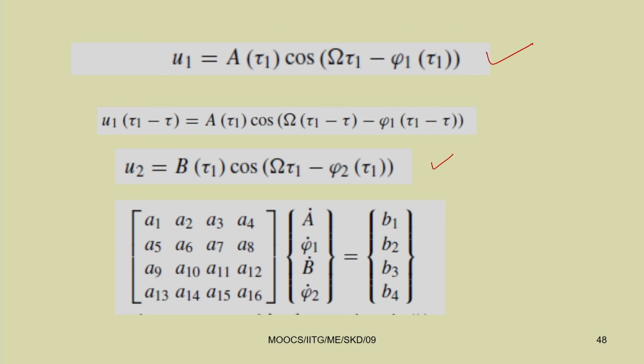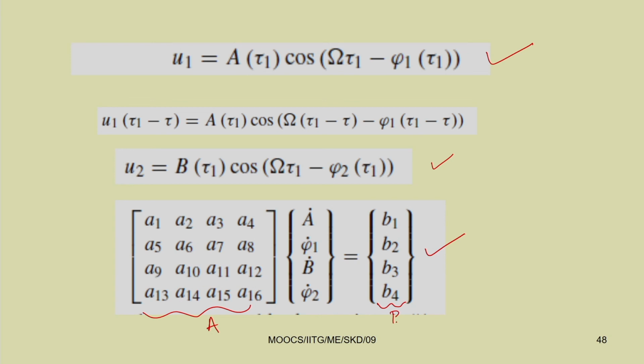Then by collecting the coefficients of cos and sine terms, you can get this equation. Here a 1 dot, psi 1 dot, b dot and psi 2 dot will be equal to A inverse into B, where this matrix is A.